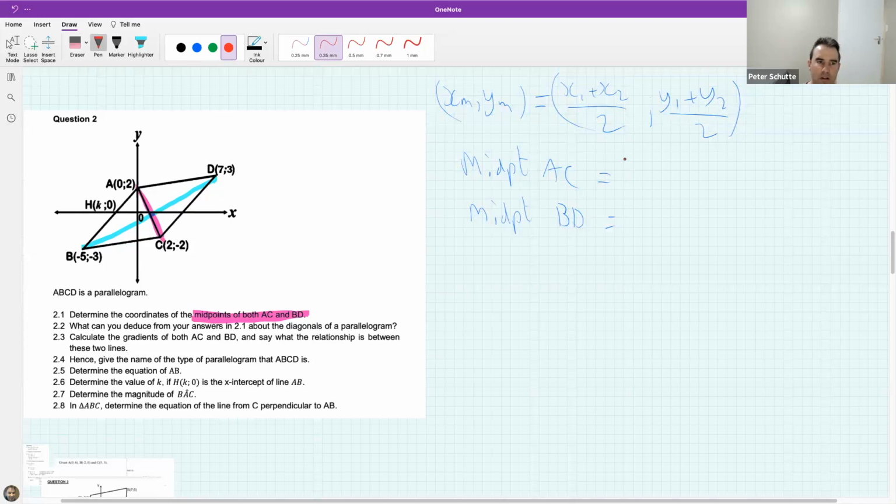So AC. What about BD? What do we get for the midpoint of BD or DB?